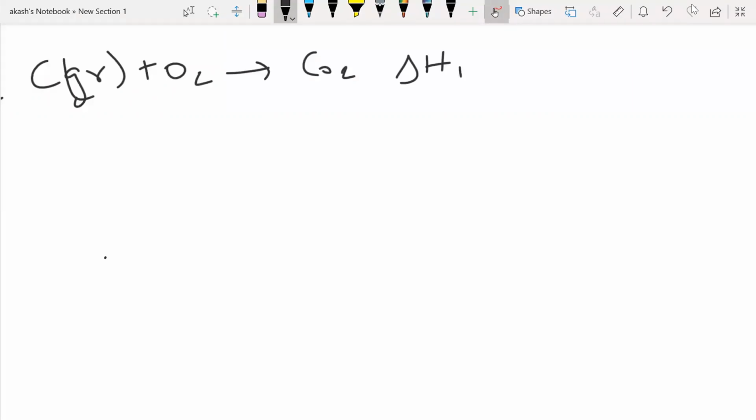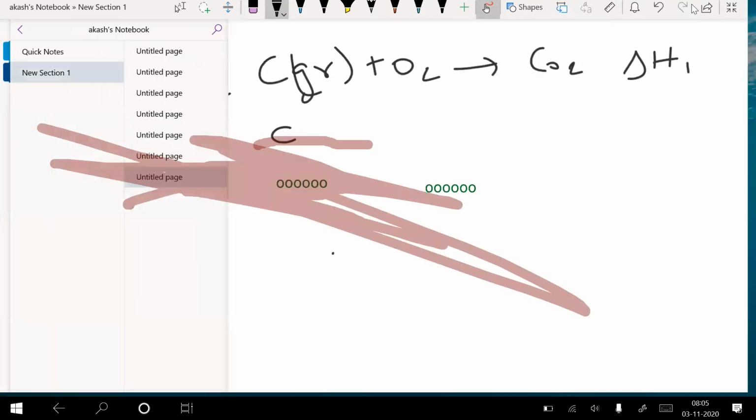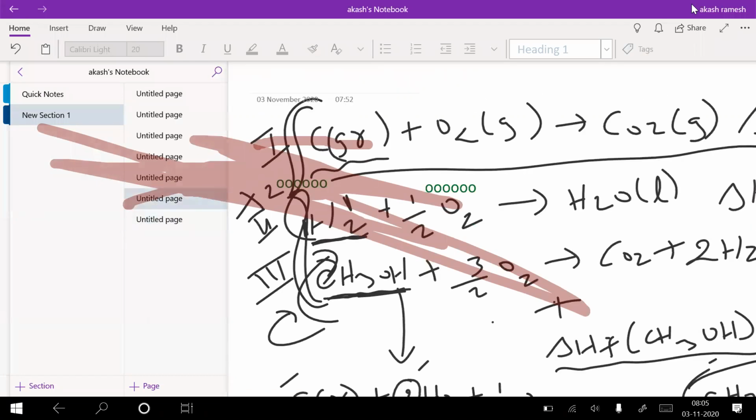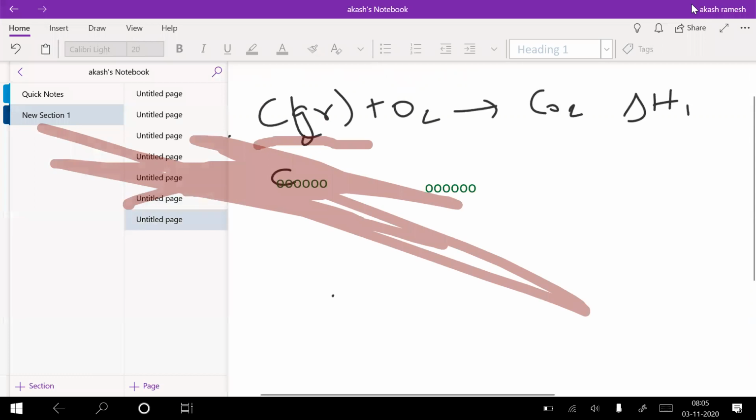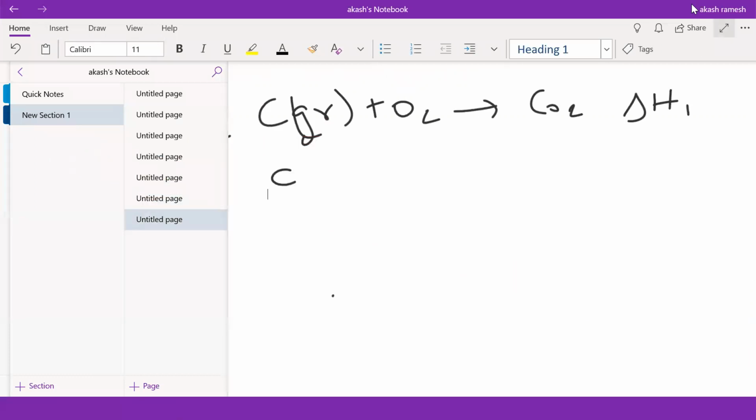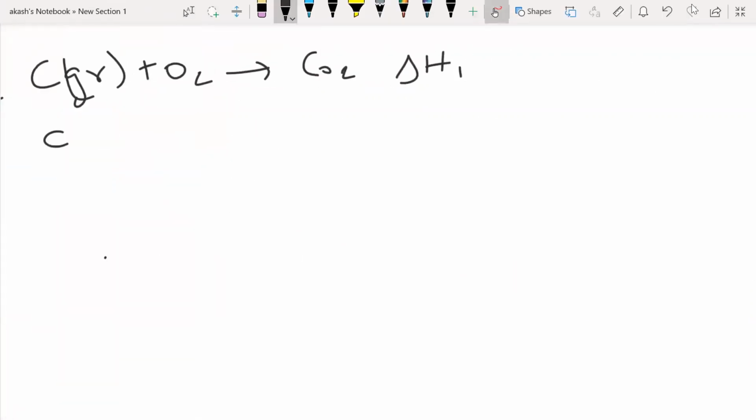Okay. Now next thing what I had is H2 plus half O2 gives H2O. Okay, now we have multiplied this reaction by 2, isn't it?